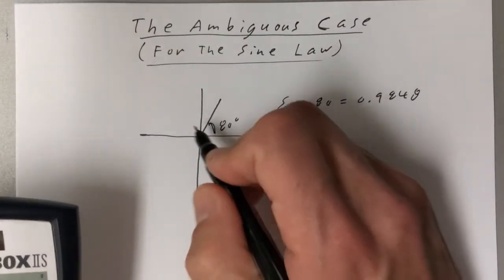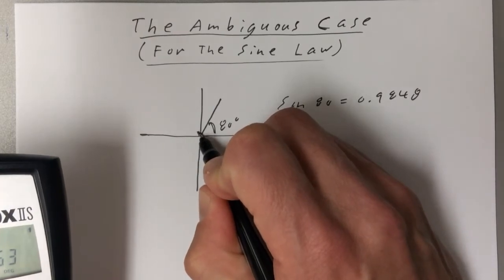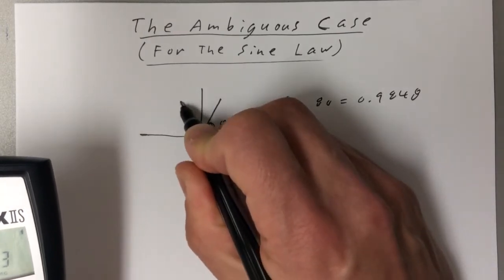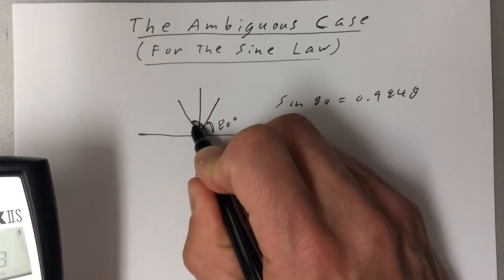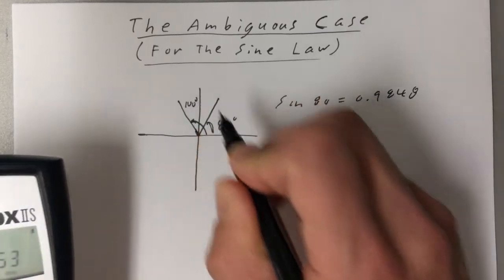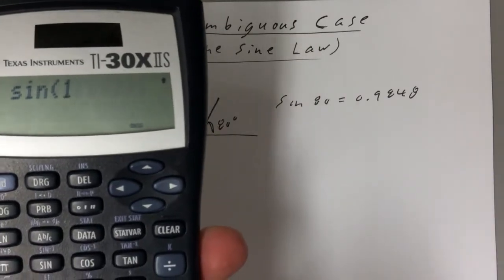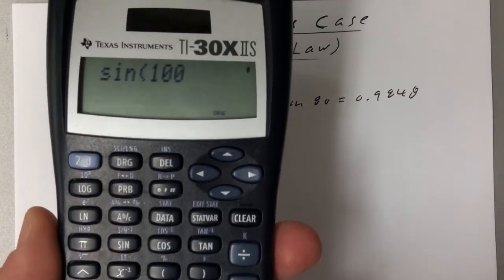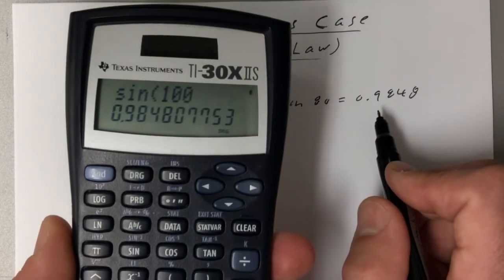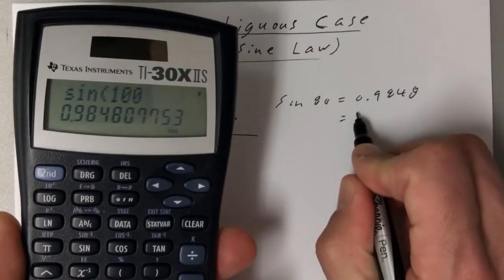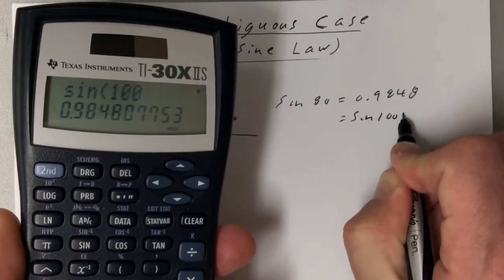If you take the sine of 100 degrees, the sine of 100 equals the same thing.